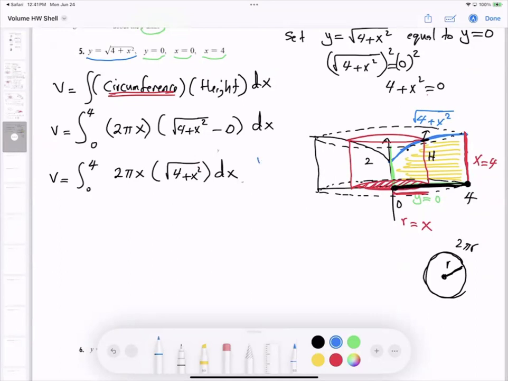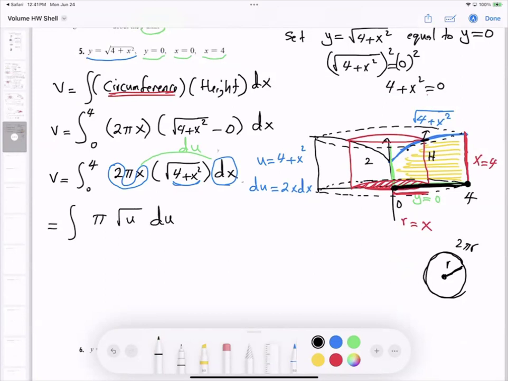Let us use u-substitution. u is the quantity inside your radical, 4 plus x squared. So du is 2x dx. So wherever you see 2x dx, this is your du. This is equal to the integral of pi times the square root of u du, or the integral of pi u to the power of a half du.